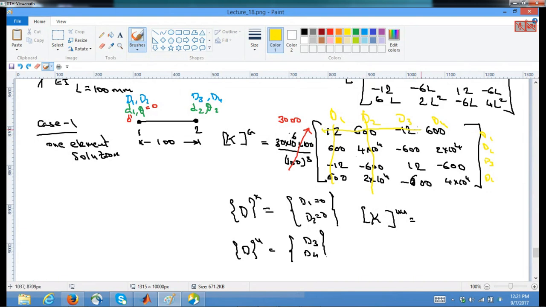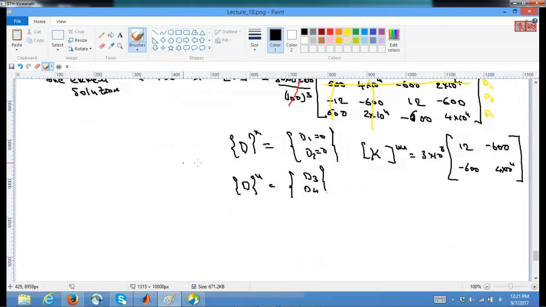So our KUU is just given by 3 into 10 power 3 into 12, minus 600, minus 4 into 10 power 4 is our KUU. Now we need to obtain our FU.